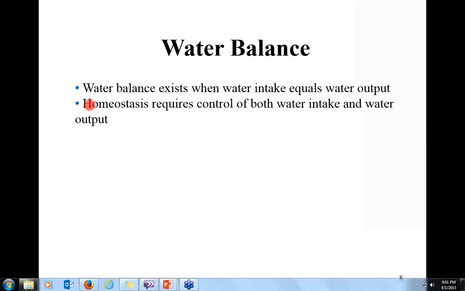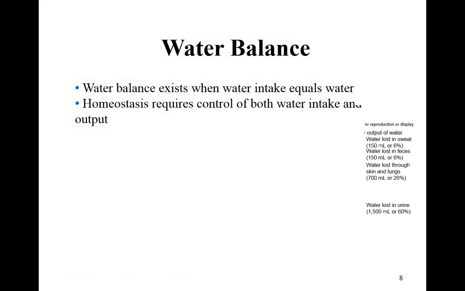Basically, the main take-home point is that homeostasis, the nice internal balance our bodies are trying to maintain, requires that we control both our water intake and water output. And how do we do that on a daily basis?